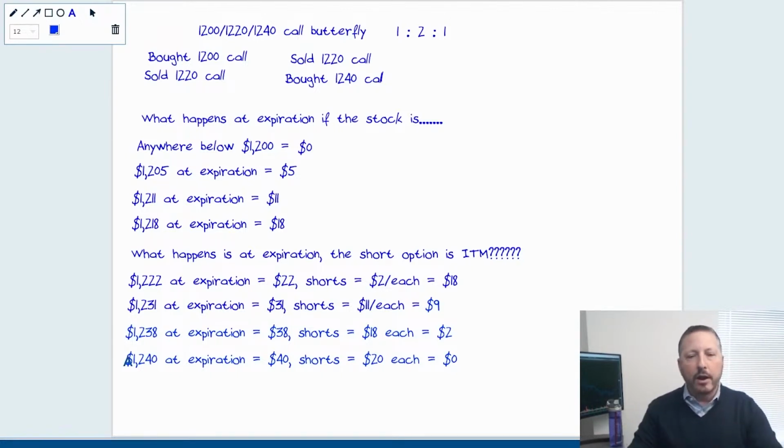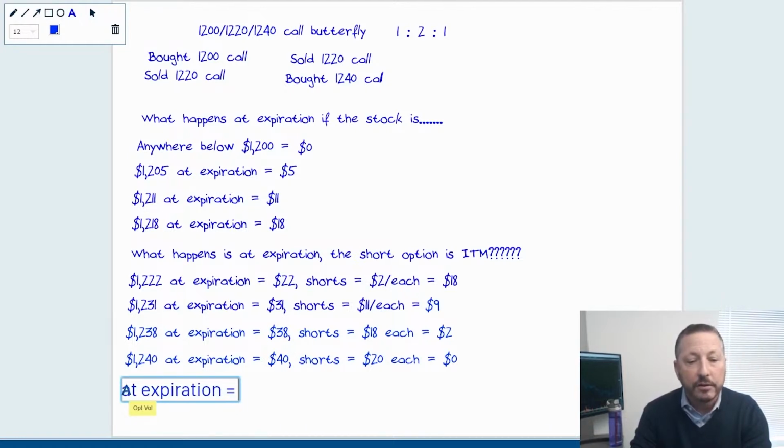And that's where the beauty of a butterfly comes in, that when you do it in this ratio, 1 to 2 to 1, and the options are symmetrically placed like they are, you can never, ever lose more than your investment. The value of the butterfly can never be worth less than 0. And so let's just randomly pick a number of 1,300 at expiration.